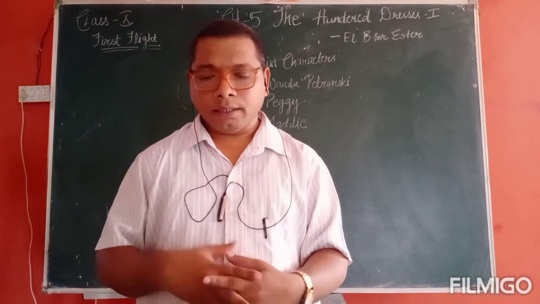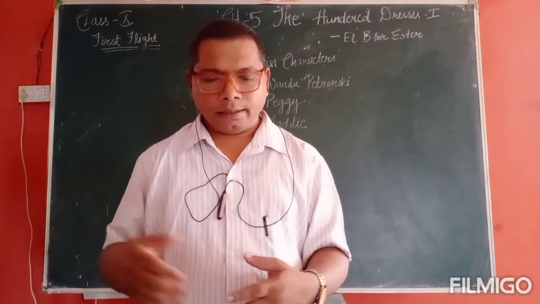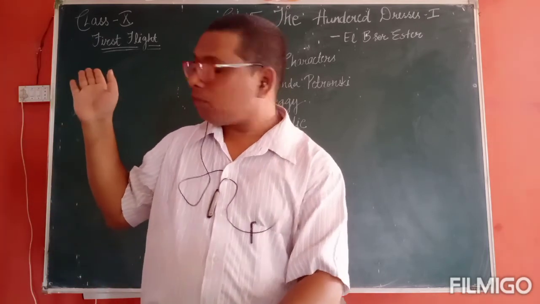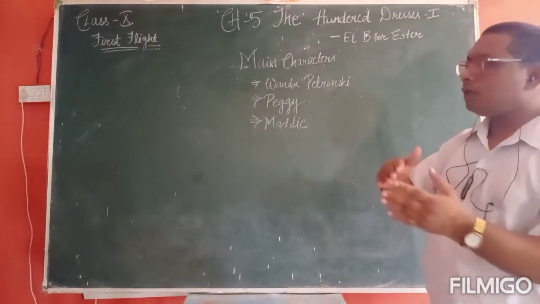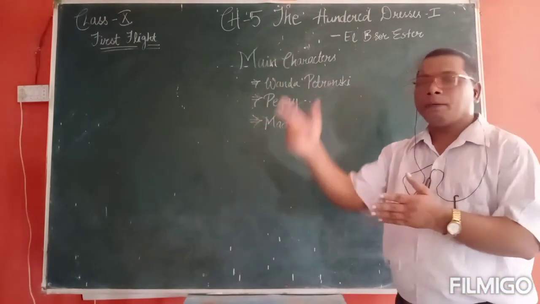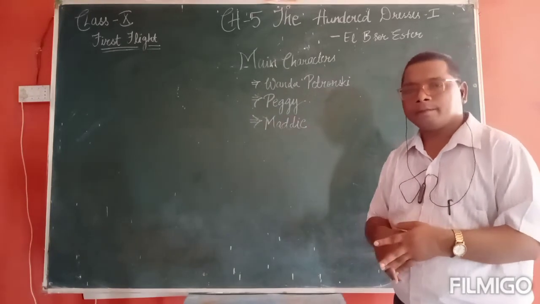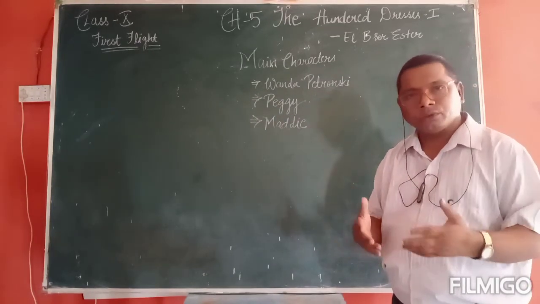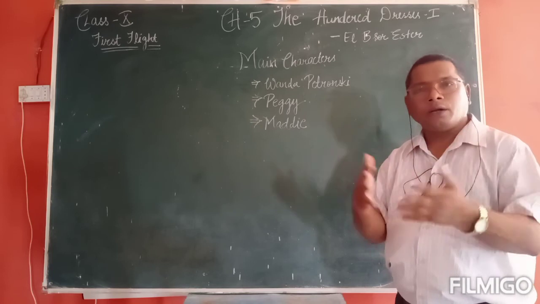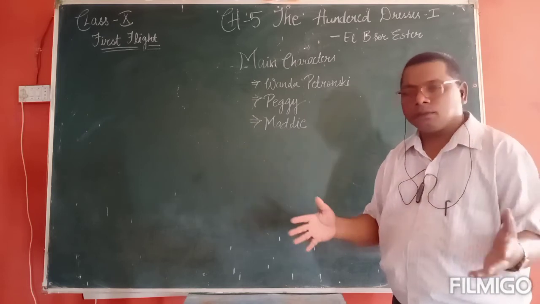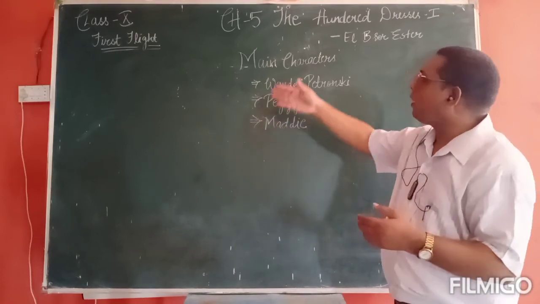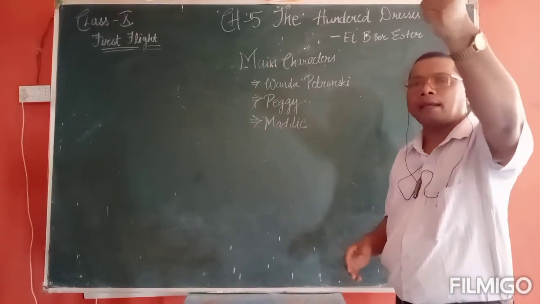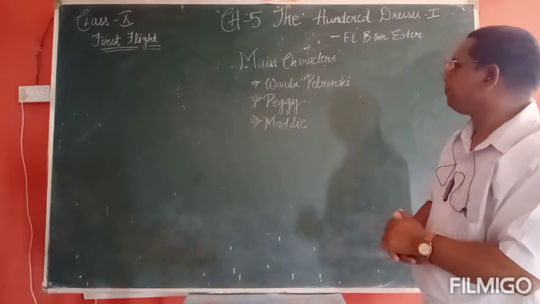For that reason he got the prize. And Wanda Petronski won because she gave 100 drawings there. The judges were also confused about what to accept and what to deny. So they accepted all 100 drawings that were handed in, in room number 13.